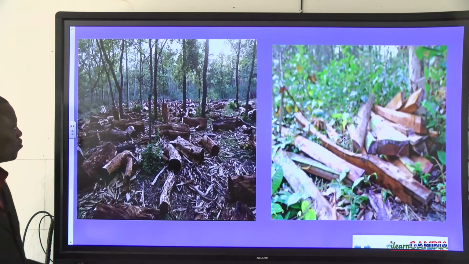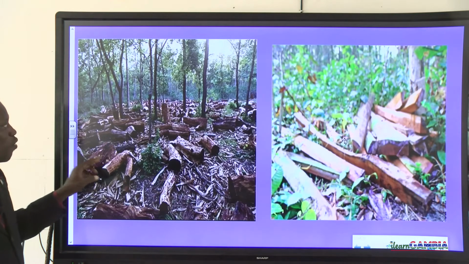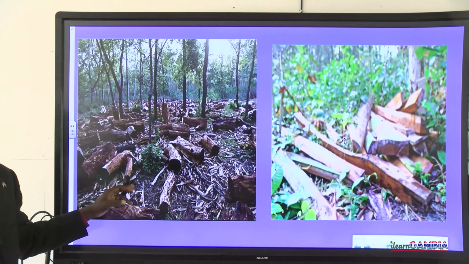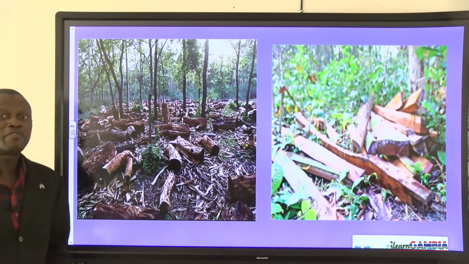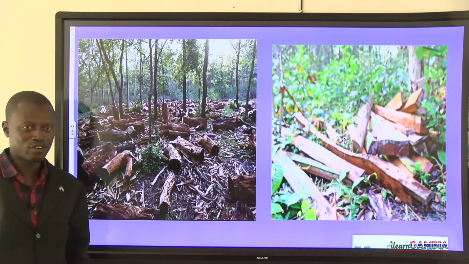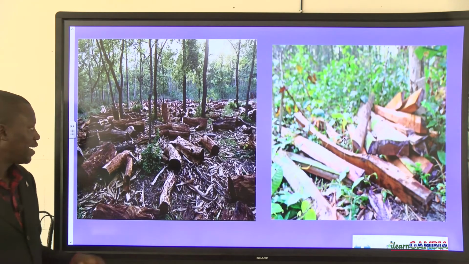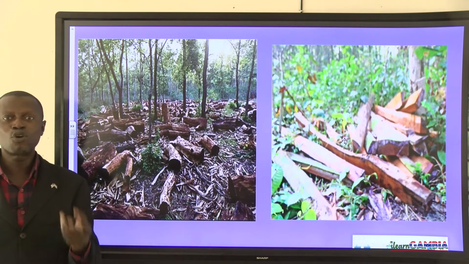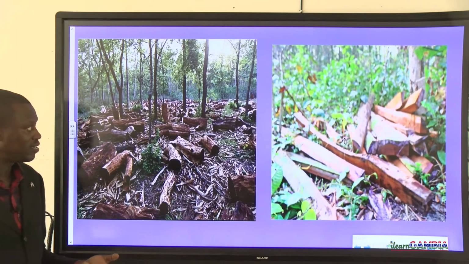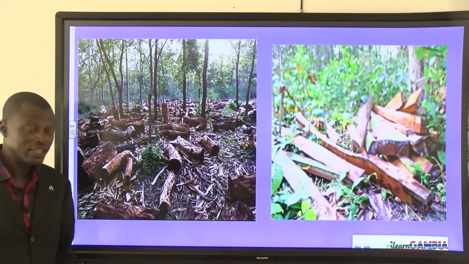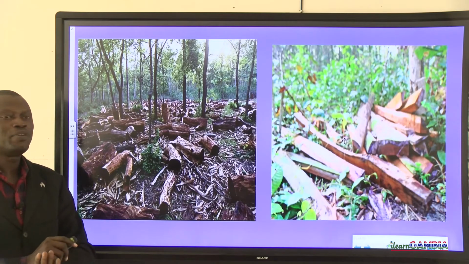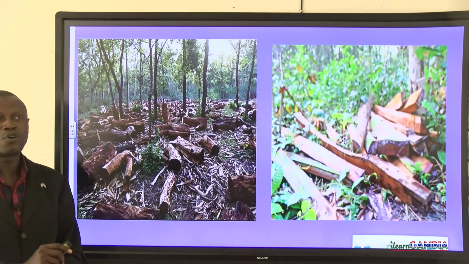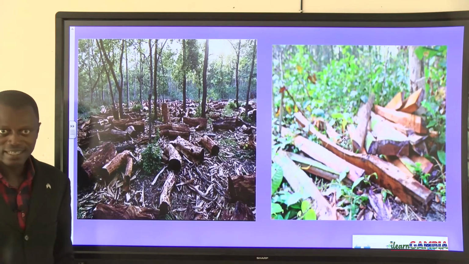The moment you remove more and more trees in a particular forest, and this cutting down is not encouraged in a form of reforestation, it's not encouraged in a form of tree growing exercises, obviously, as time goes on, the end result is going to be desertification. The place will now be a barren land. The place will turn into a deserty area.